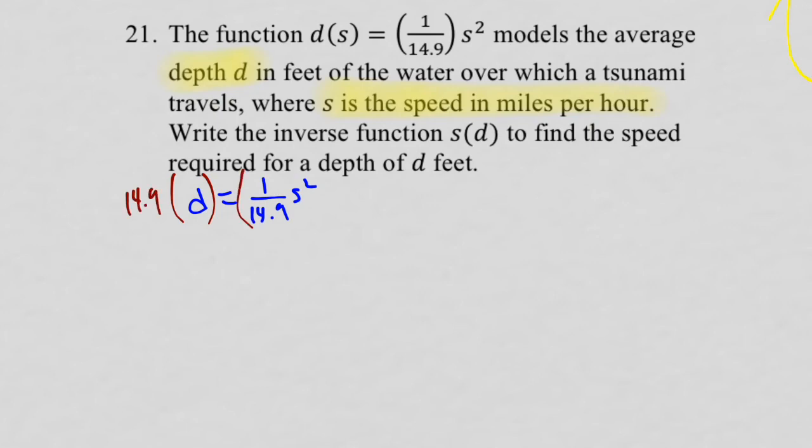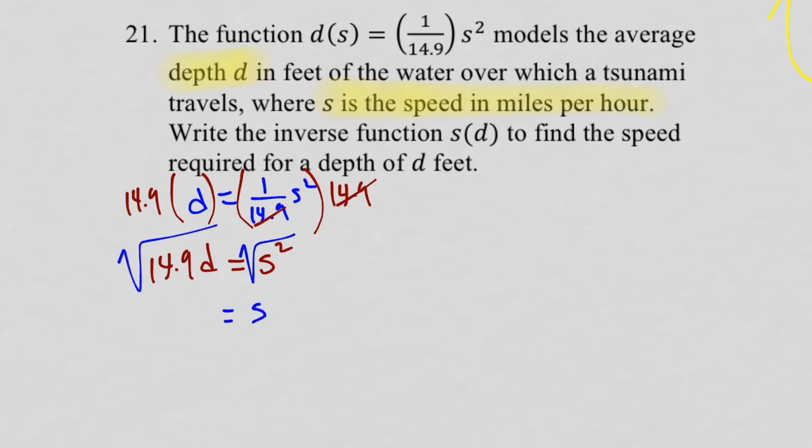If y'all multiply this by 14.9, that will cancel that. So it's just s squared equals 14.9 d. And finally, I'm going to take the square root of both sides. So what I get is s equals radical 14.9 d.